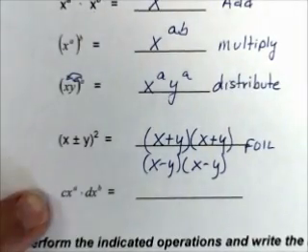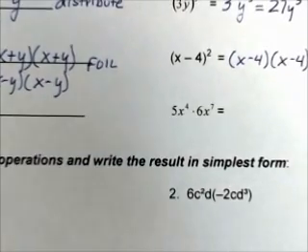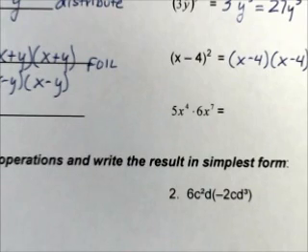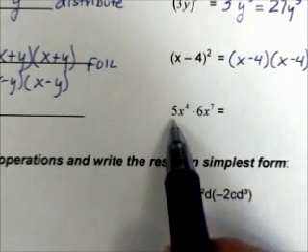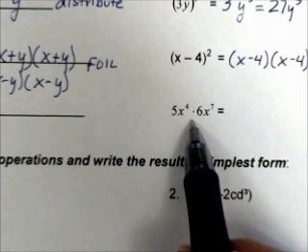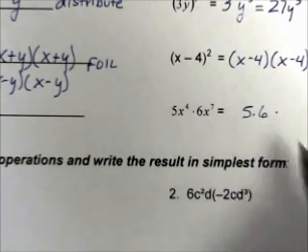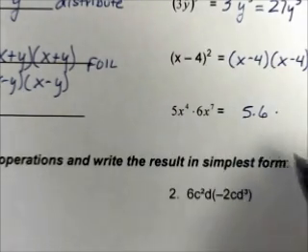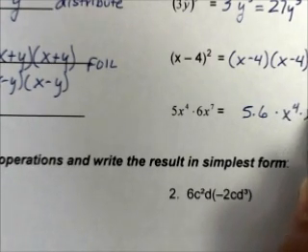The last example, 5x to the fourth times 6x to the seventh. These separate terms here, you're going to multiply the coefficients. So we're going to have 5 times 6 times, and then we'll multiply and combine our like variable bases here, x to the fourth times x to the seventh.